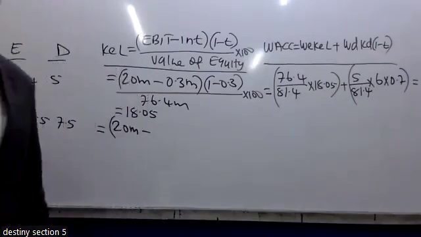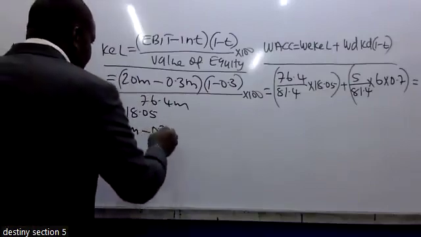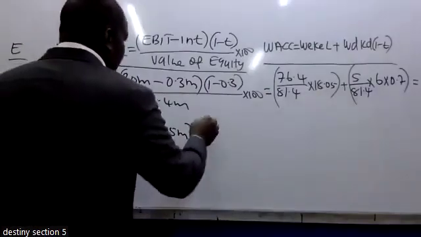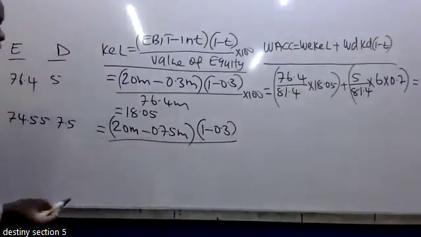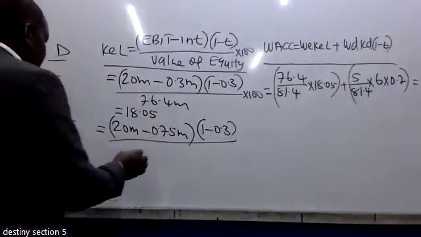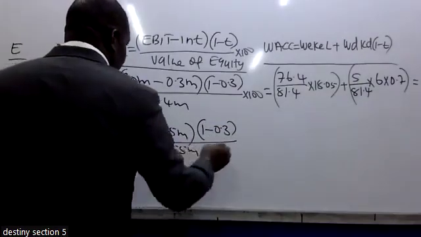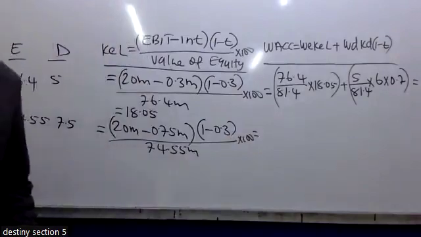Then 1 minus 0.3. We divide by 74.55 million. Express it as a percentage.